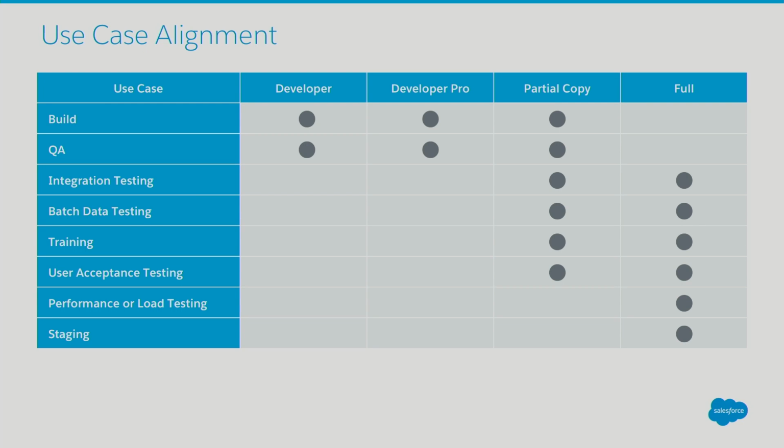Partial is ideally suited for some of your integration testing, your batch data testing, and in some cases it can be suited for a training environment. But when you get into performance testing and UAT and staging, then you really do need an environment that mirrors your production, including the data volumes and the performance of your org. So I would definitely recommend to go to a full for that.